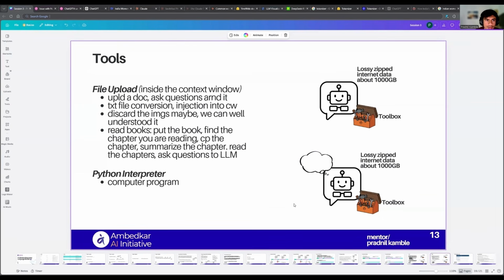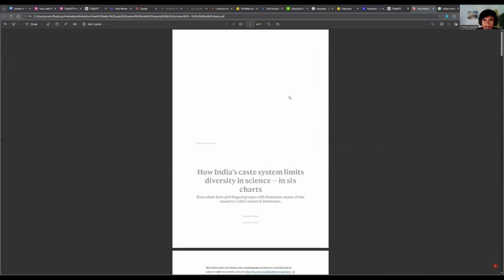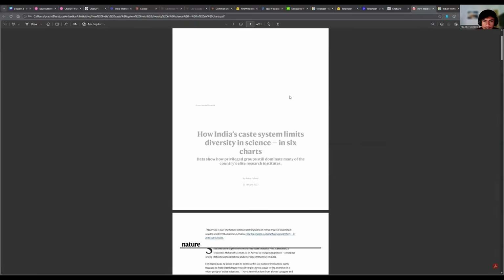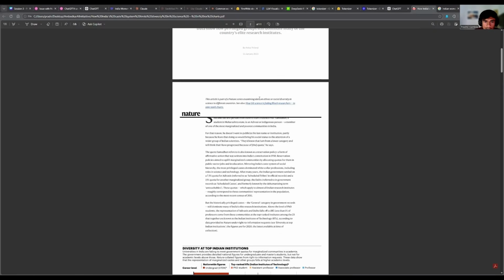Among the other tools, I have loaded something into the ChatGPT framework, but I haven't tried it yet. I searched for an article I have read, called "How India's Caste System Limits Diversity in Science in 6 Charts." It is about how the caste system really affects the sciences in India, which is a serious problem altogether.